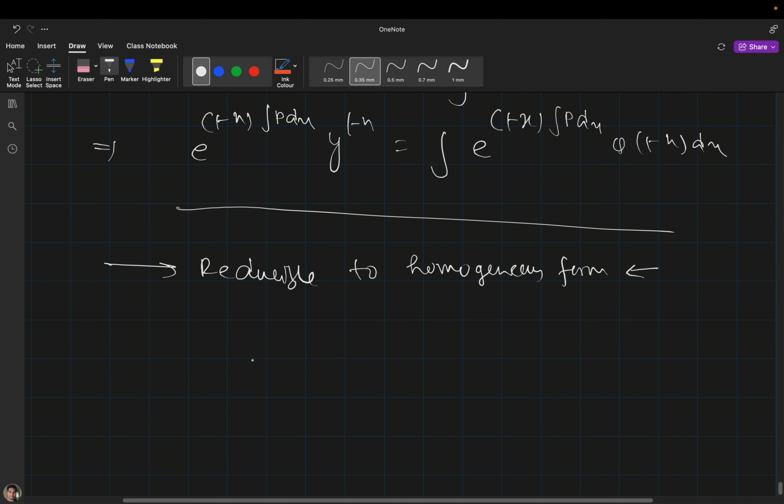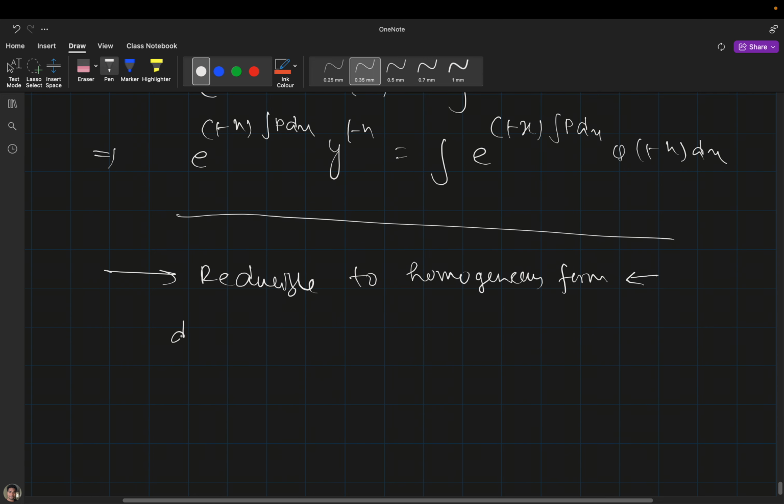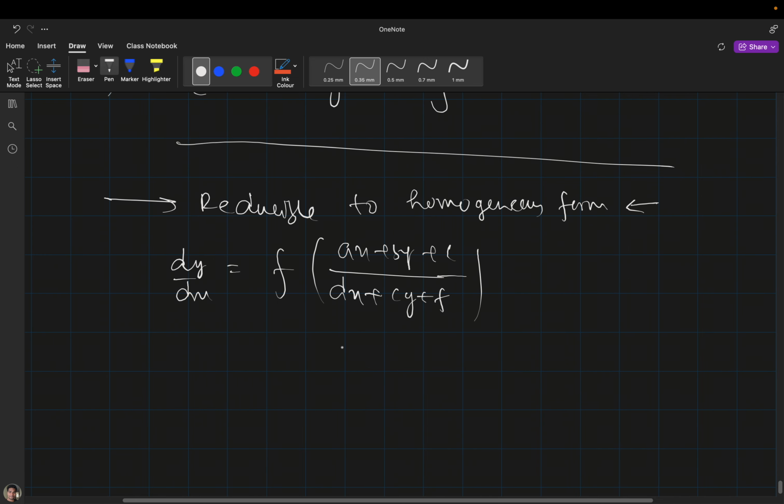And what is that? Suppose you have a differential equation of this form, dy by dx equal to a function of (ax plus by plus c) divided by (dx plus ey plus f). Now I want to reduce this into the homogeneous form. Can you tell me whether this equation is in the homogeneous form or not?